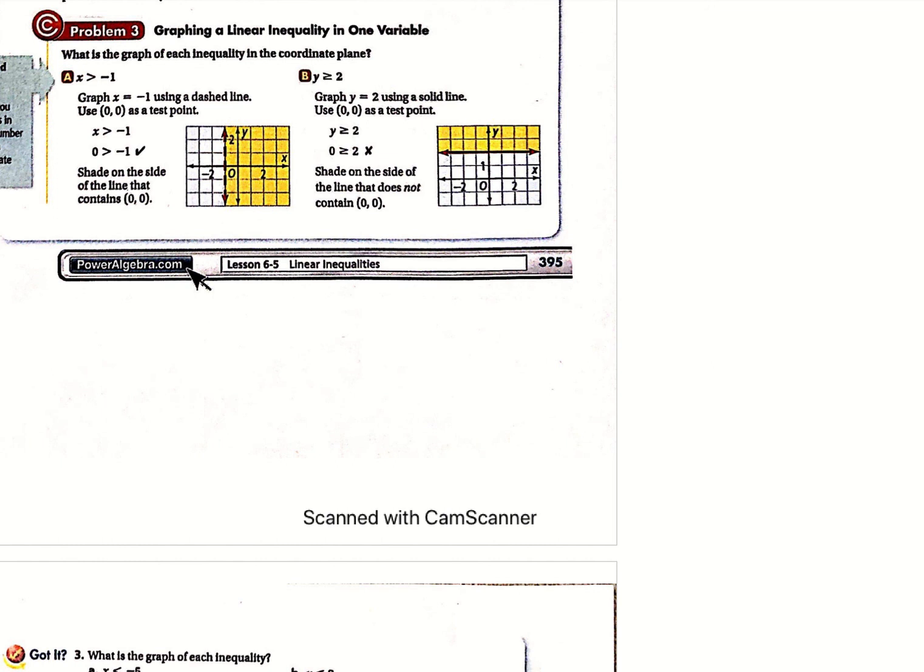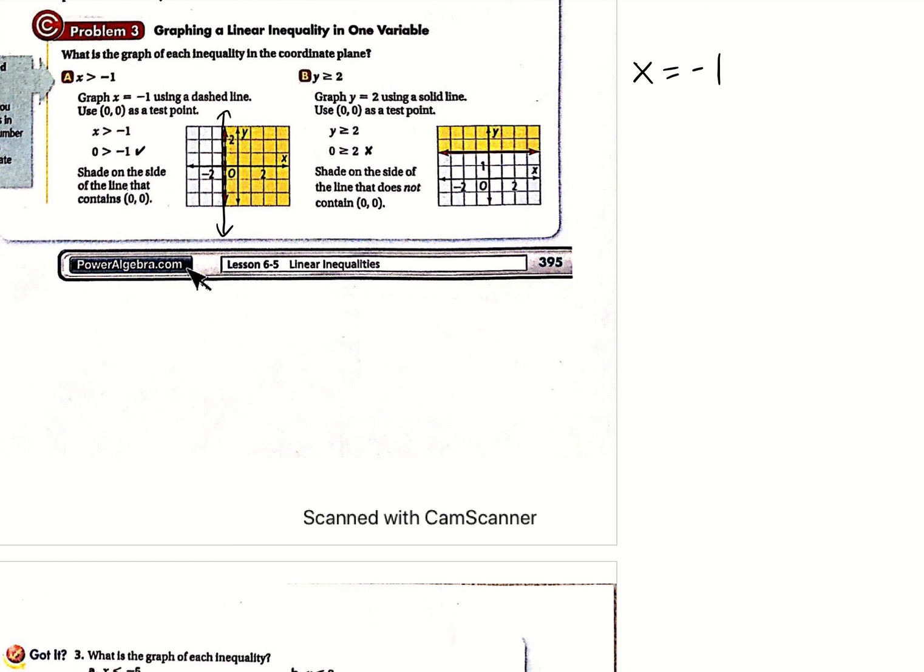So now we're looking at a coordinate plane, okay? So it says for A, we've got x is greater than negative 1, okay? So once again, we want to graph that as x equals negative 1, which would be this line right here, okay?